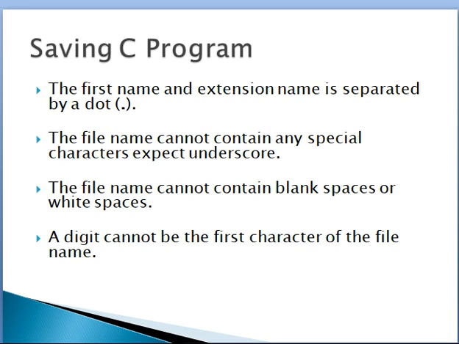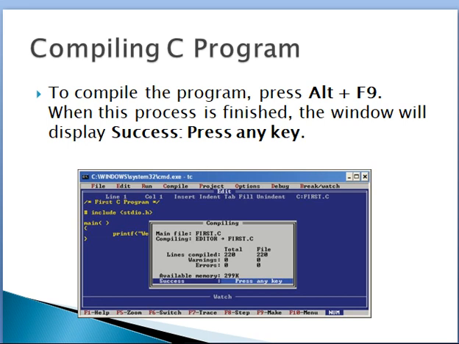After saving a program, we need to compile the program. To check for any syntax errors, we must compile the program. We will see how to compile a C program. To compile the C program, use the shortcut key Alt plus F9, or you can use the Compile menu.